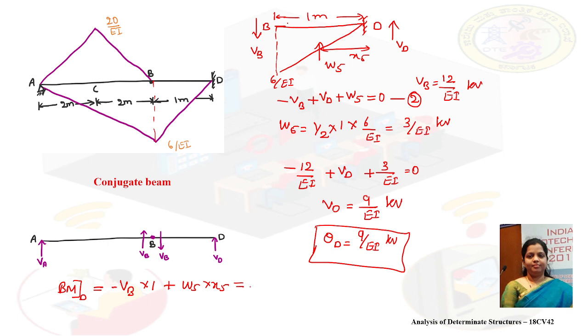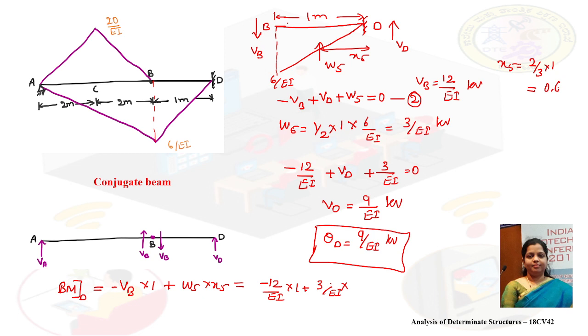We will get VB as minus 12 by EI into 1 plus W5, which is 3 by EI, into X5. We need to compute X5. X5 is 2/3 of 1 meter. It works out to be 0.67 meter.